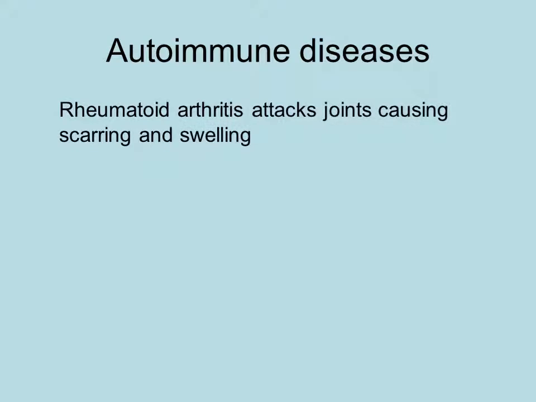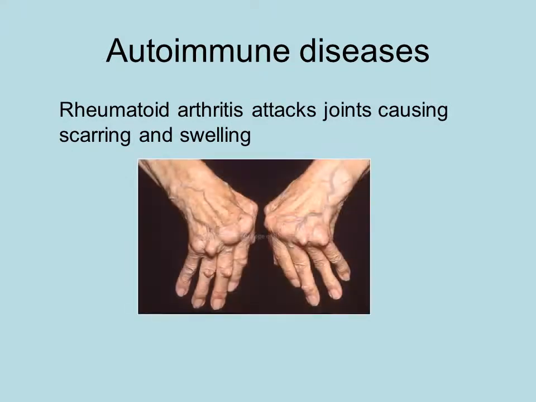Rheumatoid arthritis is a disease where the immune system sets an immune response to the joints, particularly of places like the hands and the feet. And the result of this is you get the inflammatory response, and the inflammation then leads to scarring and swelling of those joints.